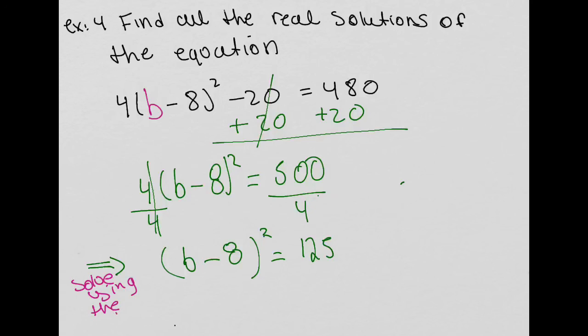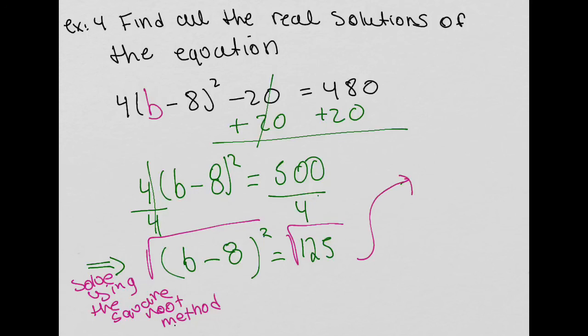Okay. So here, we're just going to solve using the square root method. Which means I'm going to square root both sides. So I have b minus a equals plus or minus the square root of 125. 125 is not a perfect square, but we can simplify it into 5 times the square root of 5.